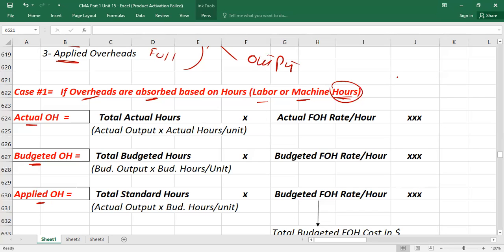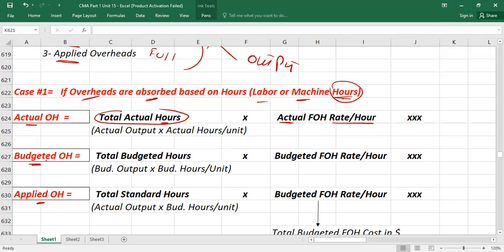So let's understand how to find actual, budgeted, and applied overheads. Later we'll see the variance; so far, forget about variance. Just see how to find these 3 values. To calculate actual overhead based on hours, you need total actual hours multiplied by the actual rate per hour, which should be for fixed overhead.